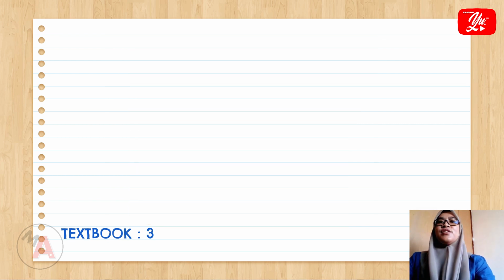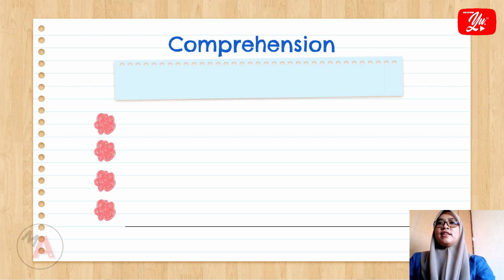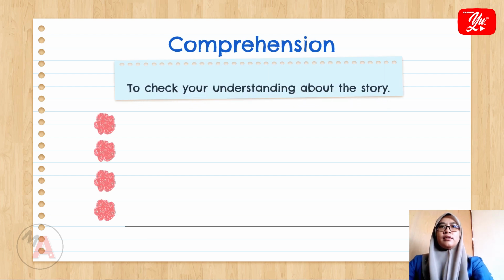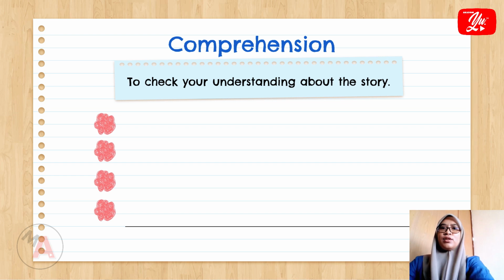Alright. So now, here are some of the things that you need to pay attention when you are going to answer comprehension questions. Okay, so basically comprehension questions is to check your understanding about the story. Okay, so kita bukan baca sahaja lah, kita baca untuk kefahaman kita.